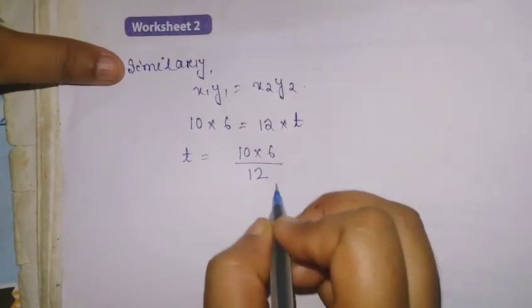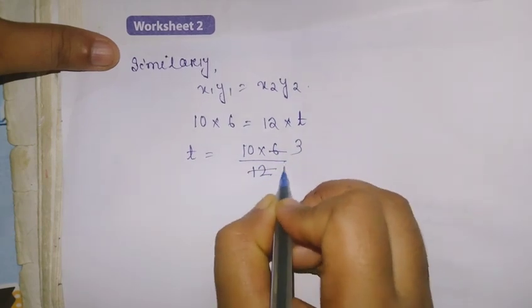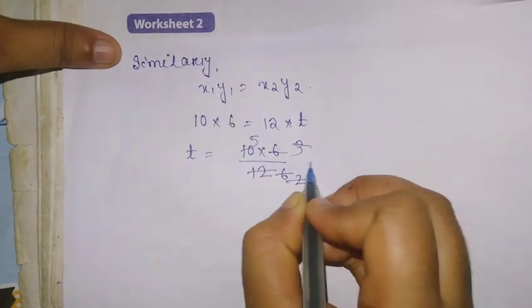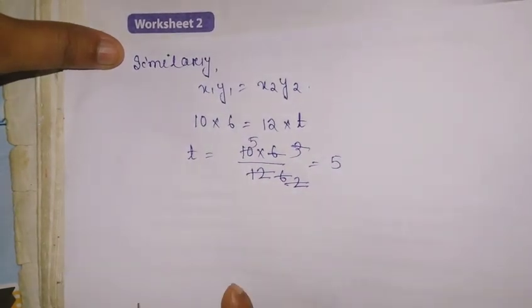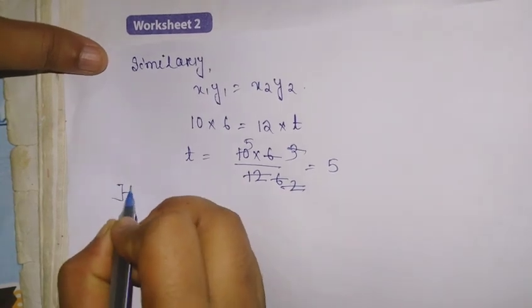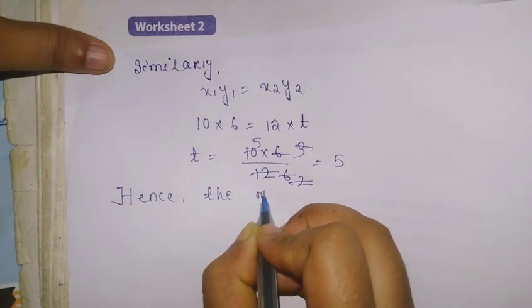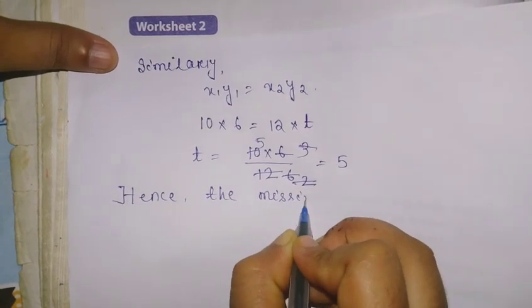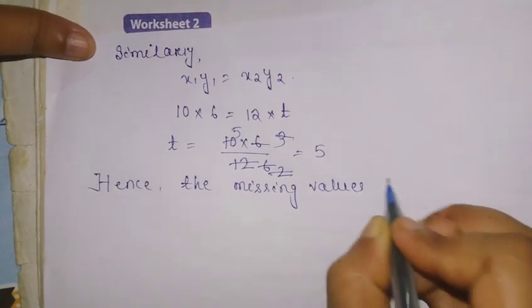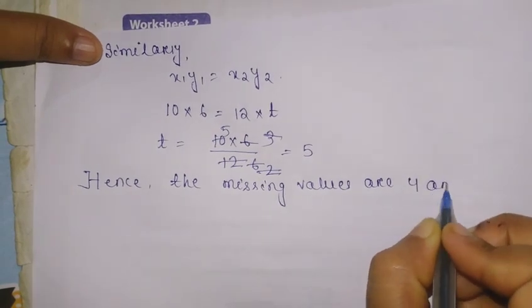Then we divide 6 by 12. 2 threes are 6, 2 sixes are 12. Then 3 twos are 6, 2 fives are 10, equals 5. Hence the missing values are 4 and 5.